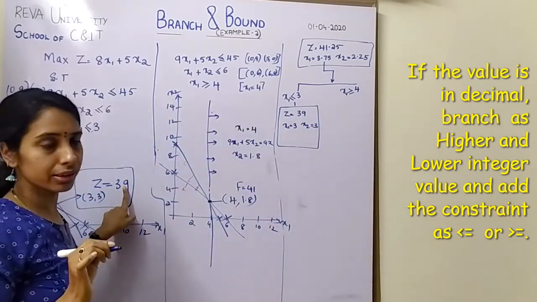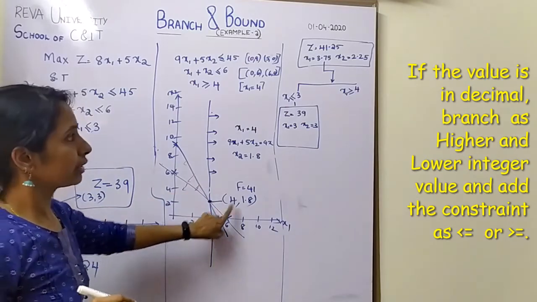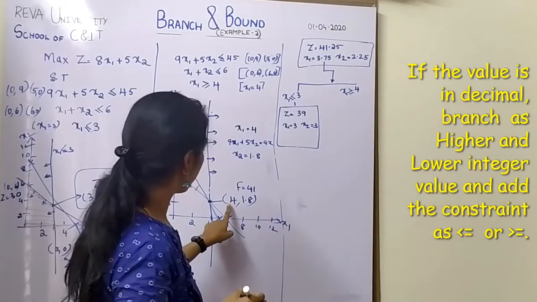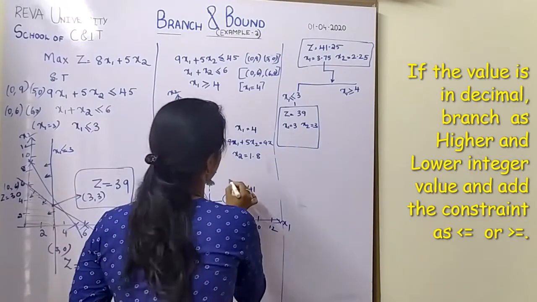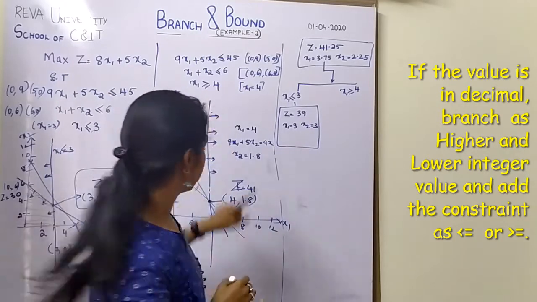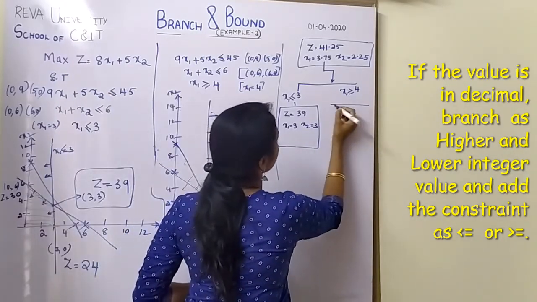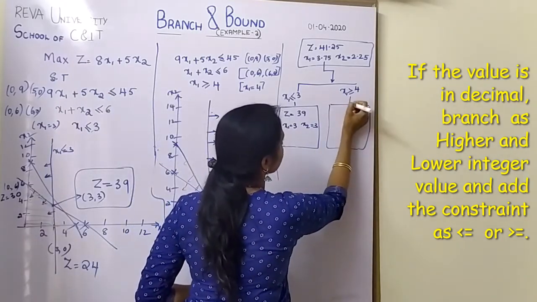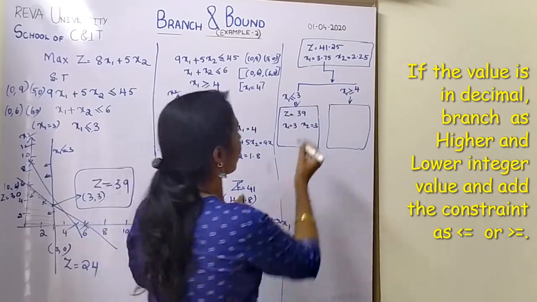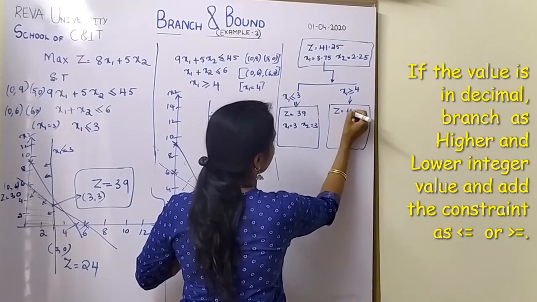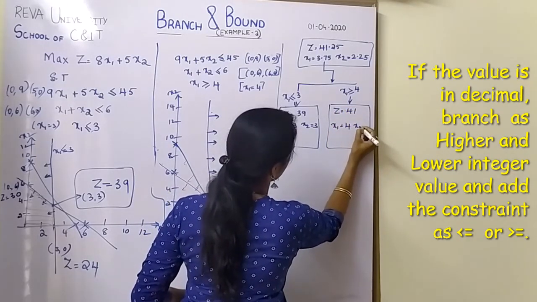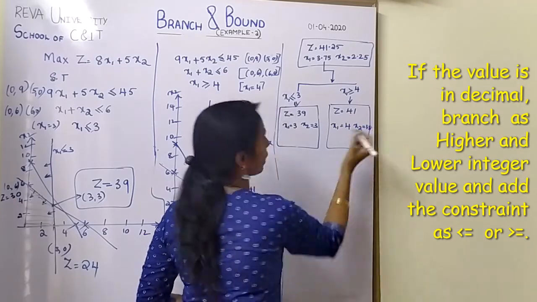Both are integers. Now, if I consider the constraint x1 is greater than or equal to 4, what is the objective function f? We have indicated it here as z, so we can represent it as z. If I go for this constraint, then z value equals 41, x1 equals 4, x2 equals 1.8.